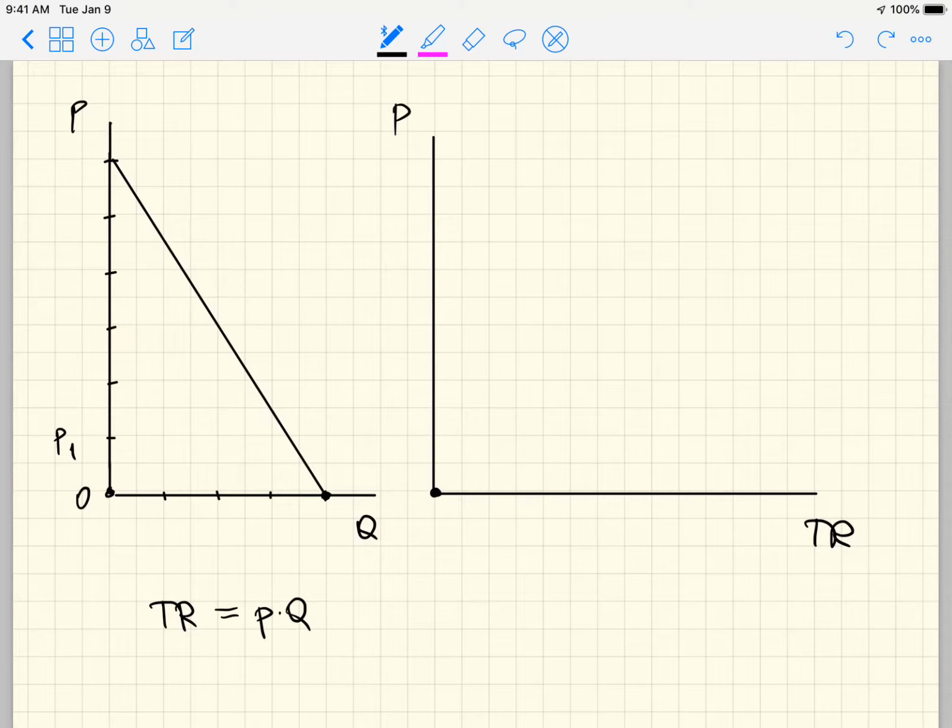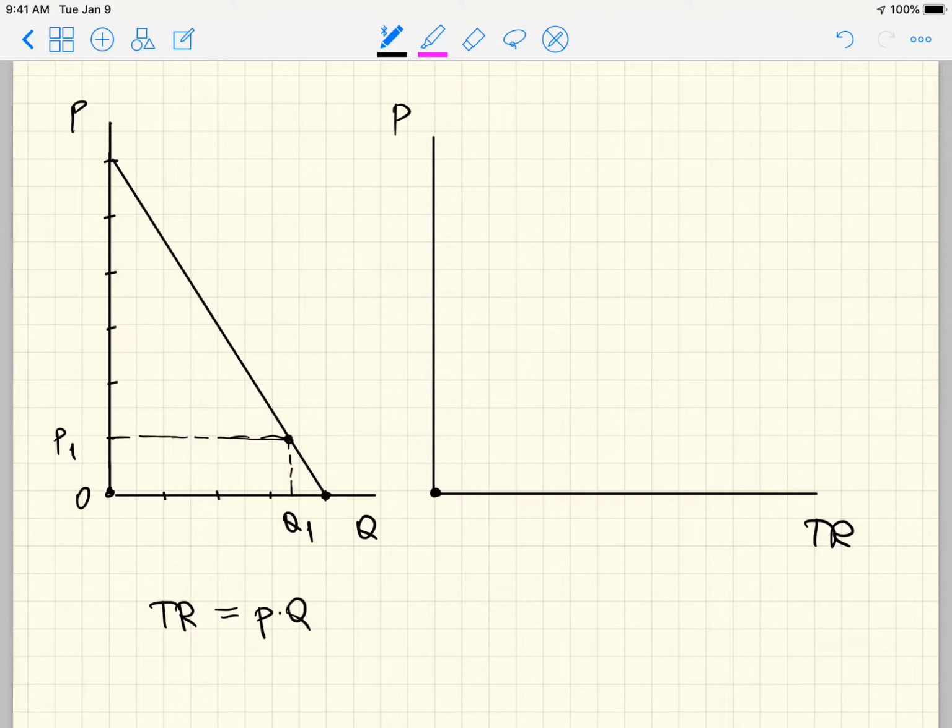Then let's say we raise price to P1. What happens? Your sales go down, so people are buying less because now you start charging. But total revenue increases, because you're getting some money.